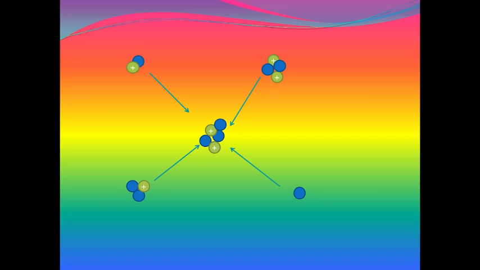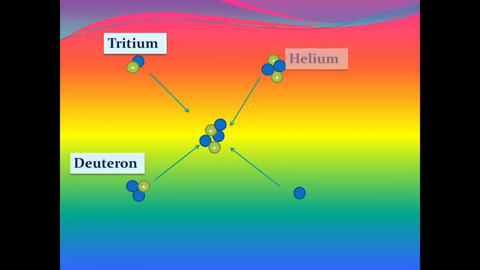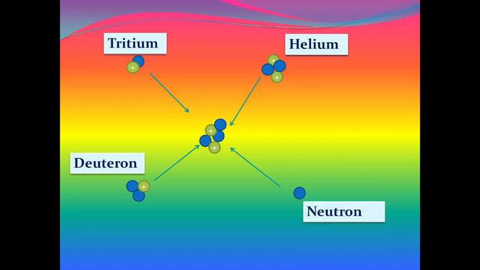We can understand with the help of this reaction. When tritium, deuteron and neutron, these are the lighter nuclei, they will fuse together to give the nuclear fusion energy.